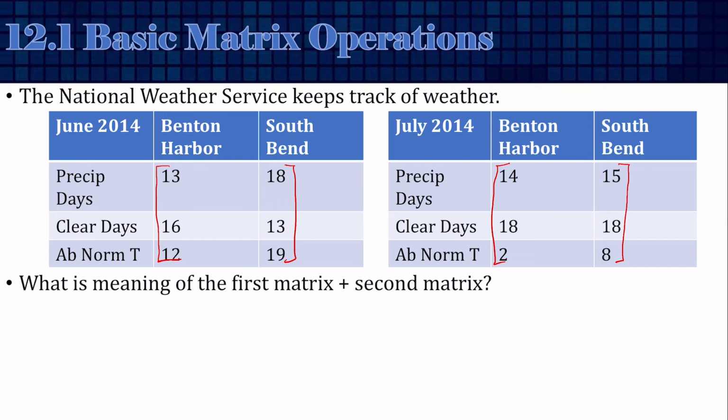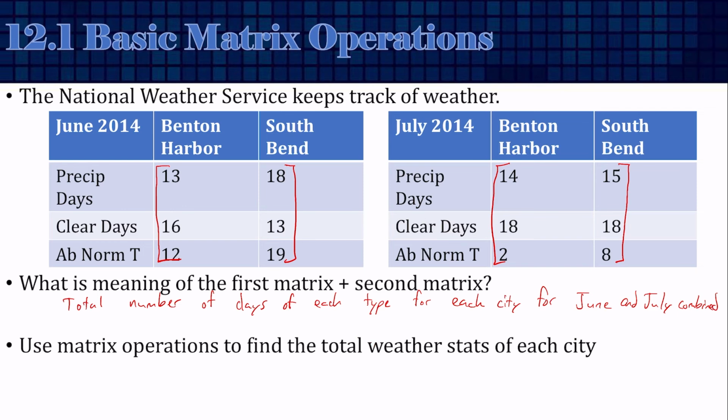So it would be the total number of days of each type for each city for June and July combined. So, find the total weather stats of each city. So we are going to add these.